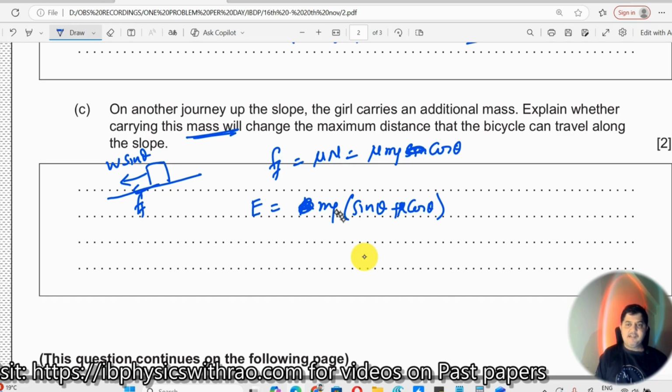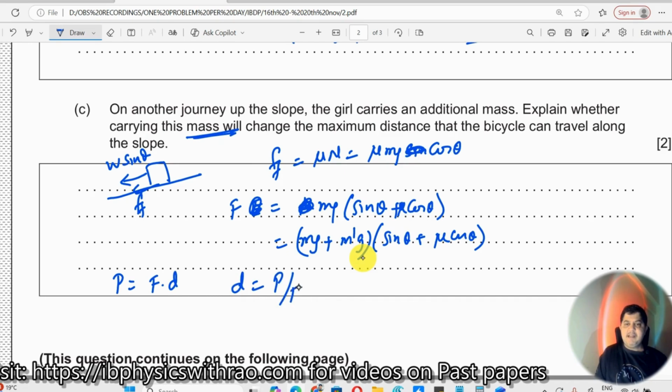So you see, this depends on mg. When you add more weight, this will become (m plus m dash) g, into (sine theta plus mu times cos theta). As a result, the total force F will now increase. When total force F is increasing, and you are delivering the same power, then what will happen? Using F into D as in the previous formula, D is equal to P by F. When F is increasing, D will automatically start reducing, right?